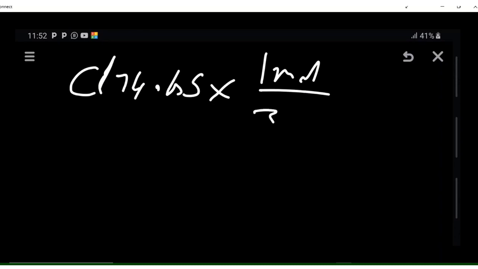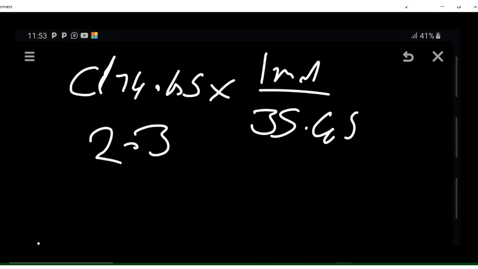Here we need 35.45 grams per mole. Now we find 74.65 divided by 35.45, which is 2.34877.